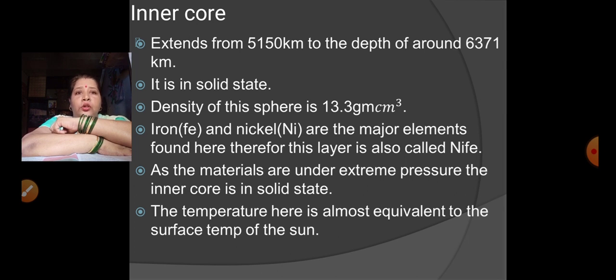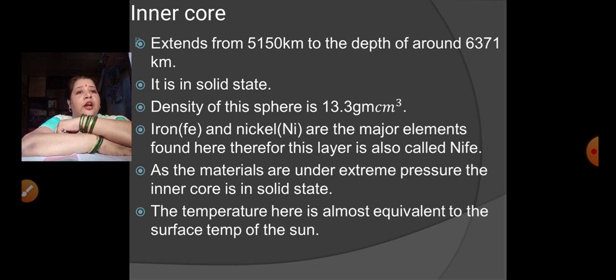Here in this core, we can find iron and nickel, which are the major elements. So it is also called NiFe. Iron is Fe and nickel is Ni, which makes up this layer. It becomes easy for us to understand. Which are the major elements over here? Iron and nickel.